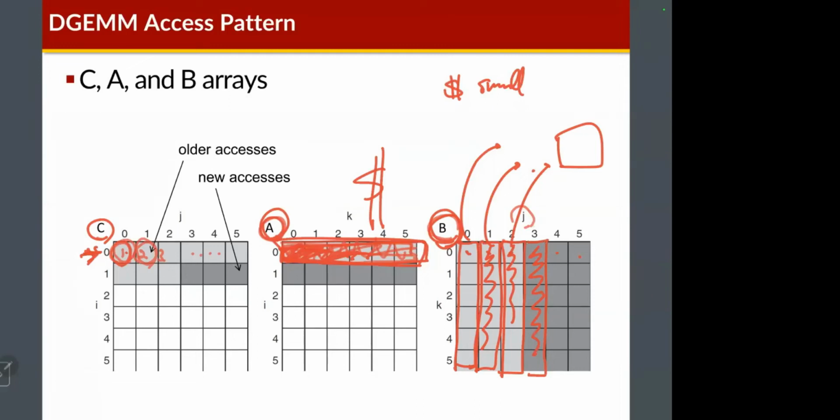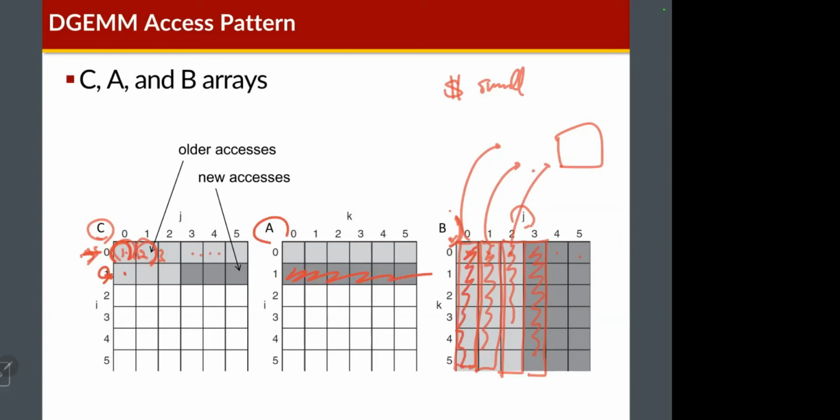We know that this matrix multiplication will exhibit very high data locality, right? For the next row of matrix C, when you compute the elements in the second row of matrix C, this row of matrix A is used, and then this column will be re-referenced.